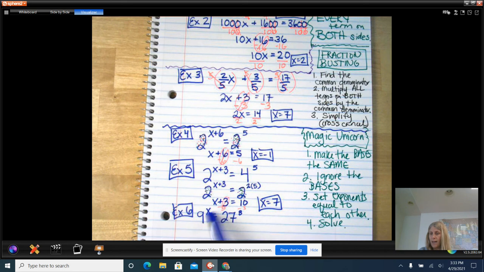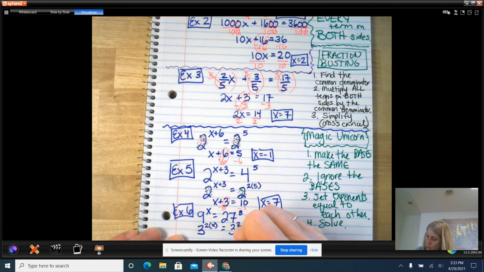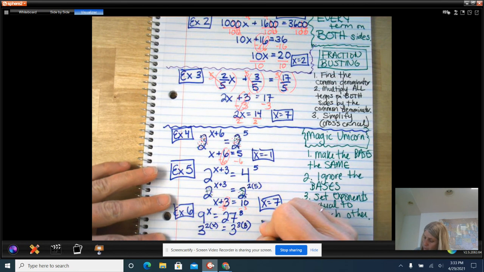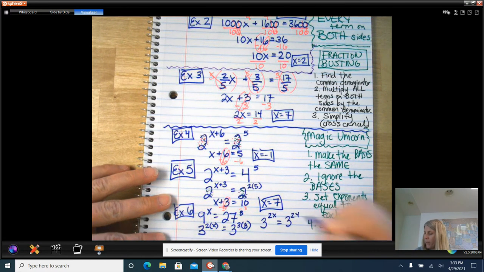But if I take 3 to the 3rd power, that's going to be 27. So we're going to rewrite both of them. So that's going to be 3 squared with my x in parentheses is equal to 3 to the 3rd power with my 8 in parentheses. And so we have 3 to the 2x is equal to 3 to the 24th.